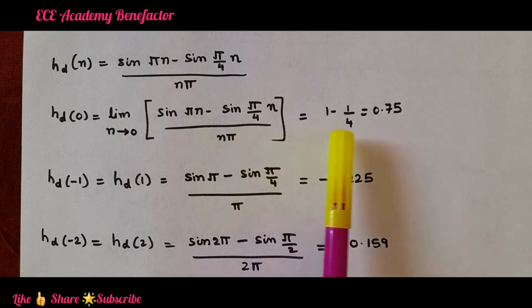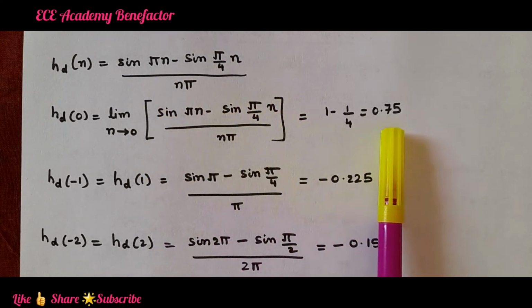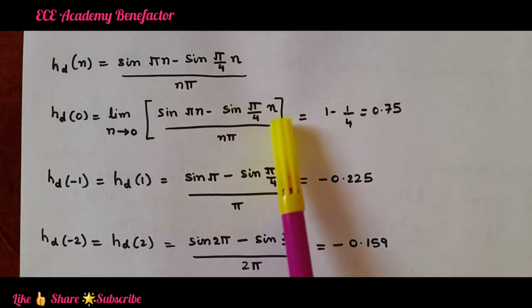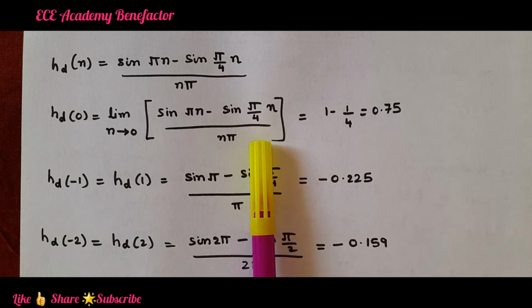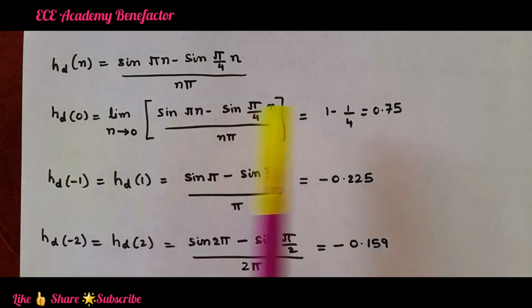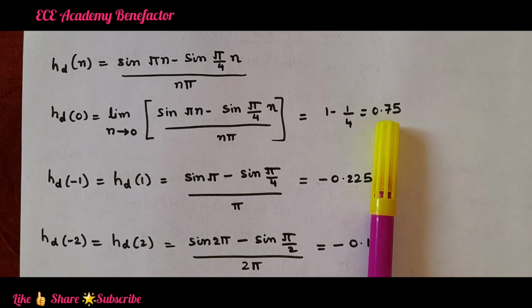On solving, we will get 0.75. If you want to know in detail how to solve this, I have done it in my previous video class. Okay, so hd of 0 is coming to be 0.75.